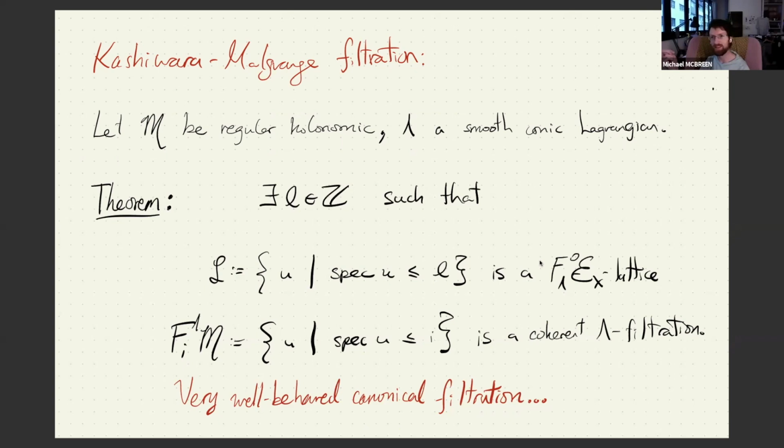Okay. But yeah, when I say spec u is less than L, I'm thinking of spec u as a subset of the complex numbers, and I want it to lie to the left of the line given by real part of z equals L.